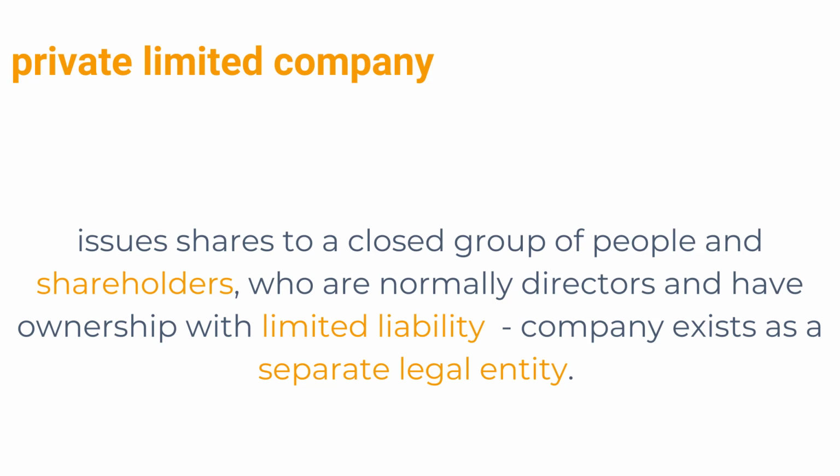And these people are normally the directors of the company, and they have ownership of the company, and they have limited liability. So personal ownership and the ownership of the company become two separate things. And for a private limited company, the phrase to learn here is a separate legal entity.